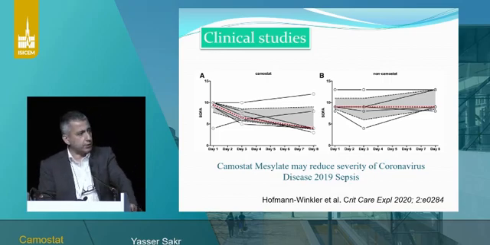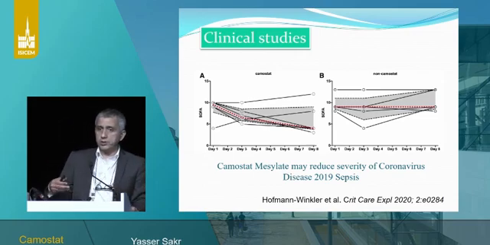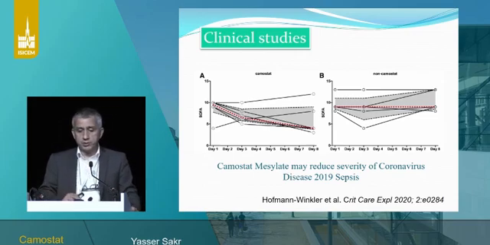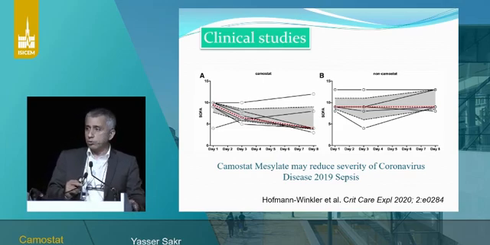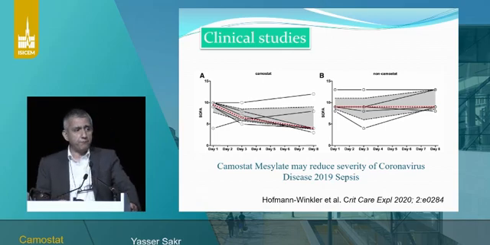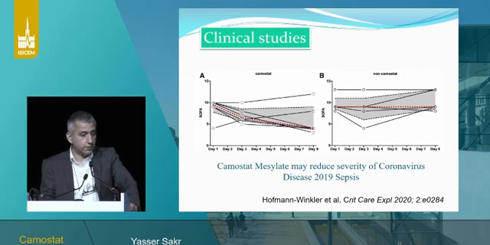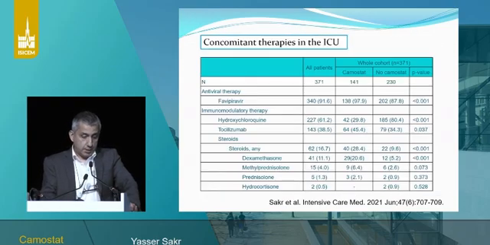But this case series was actually performed in patients admitted to the ICU. So Camostat can have also, in addition to inhibition of the TMPRSS2 receptors, also through the inhibition of the TMPRSS family, immunomodulatory effects that may also explain why this compound may be helpful in treating patients with advanced severe disease forms.